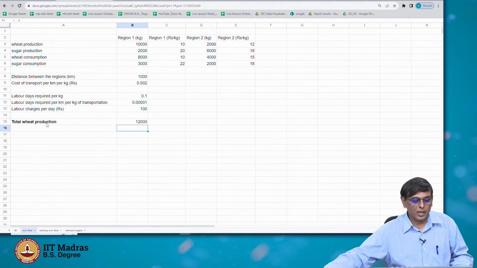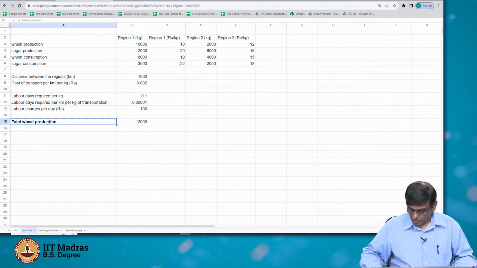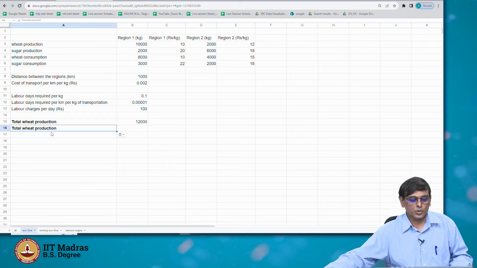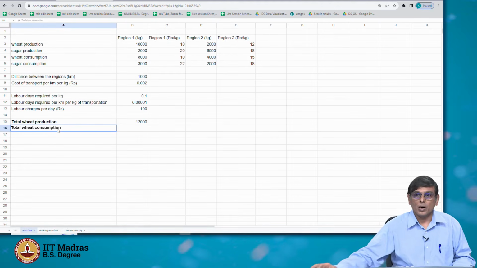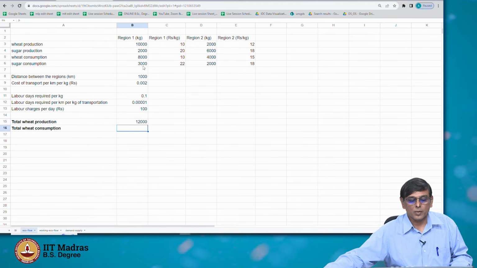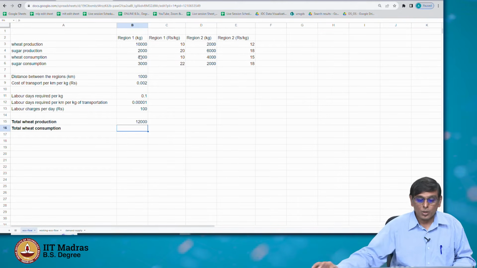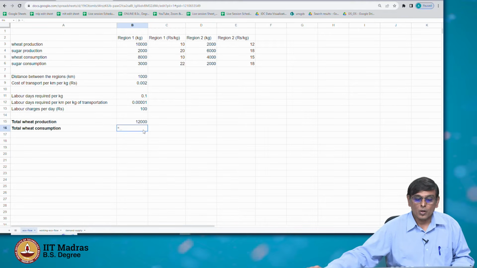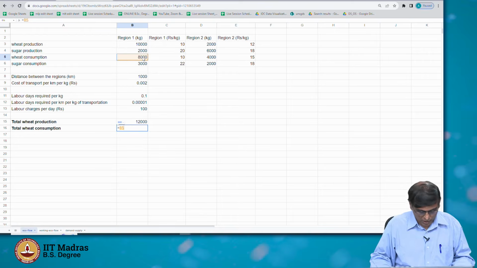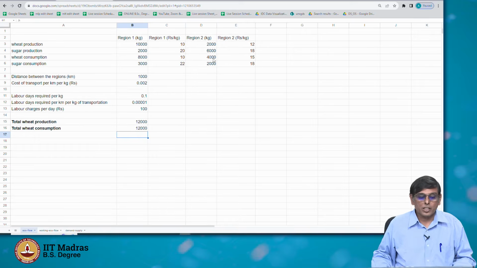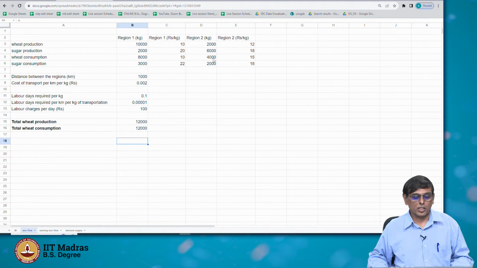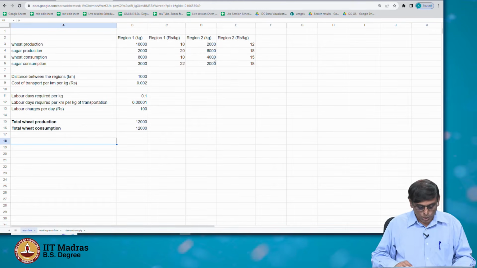Similarly, the total wheat consumption is 8,000 consumed by region 1 plus 4,000 consumed by region 2. So the total wheat consumption is 12,000 kilos, and wheat production is also 12,000 kilos. So there is no surplus.